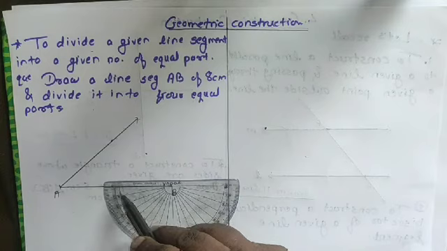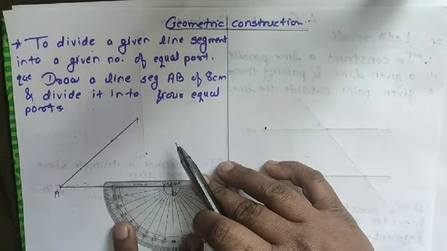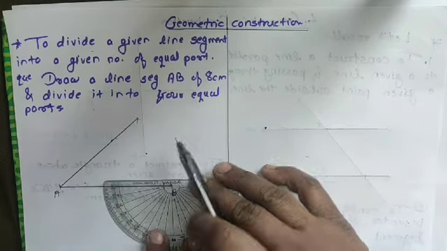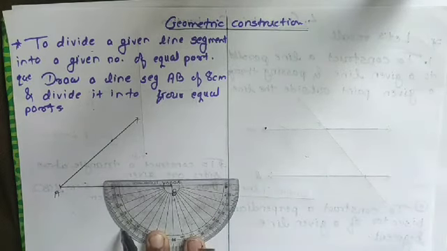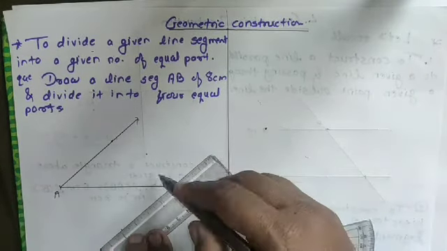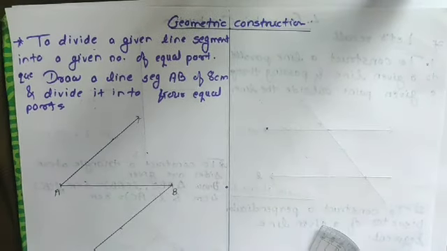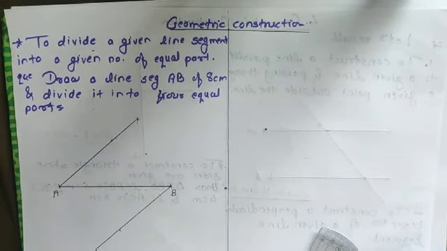So from here I will count, because the line is adjusted towards this side. This is the 40 degree here. So draw the line passing through point B and this point. So that is the construction we first of all have to do.